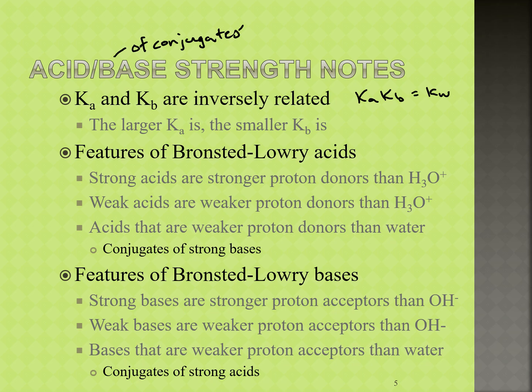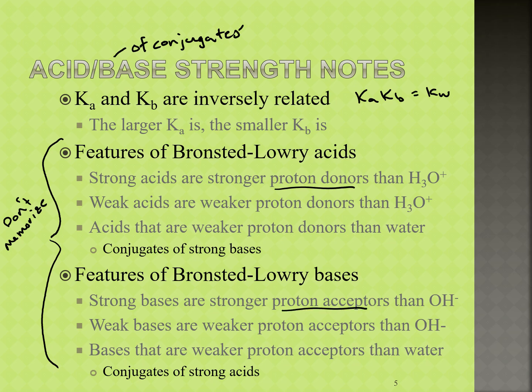And so there are some other things about strong acids or stronger proton donors. Don't memorize all of this stuff. Just remember that we have strong acids, which are really good at being proton donors. We have strong bases, which are really good at being proton acceptors.